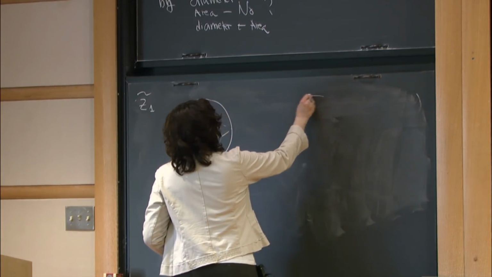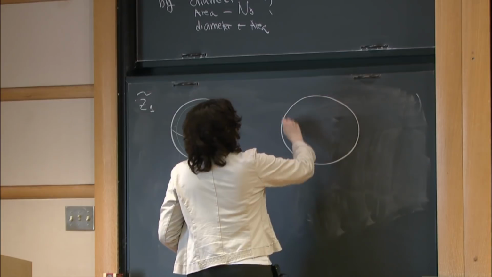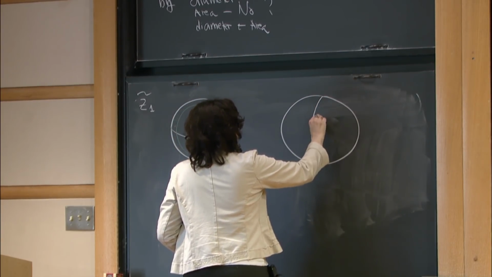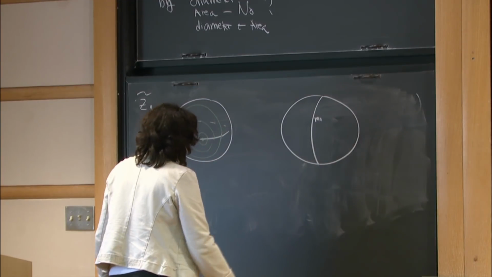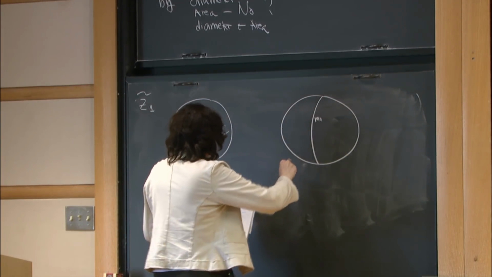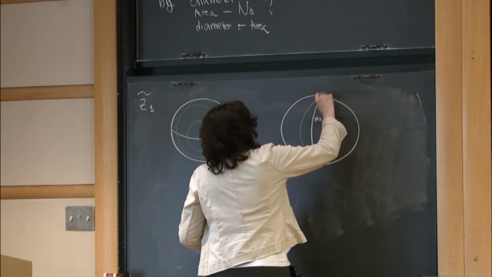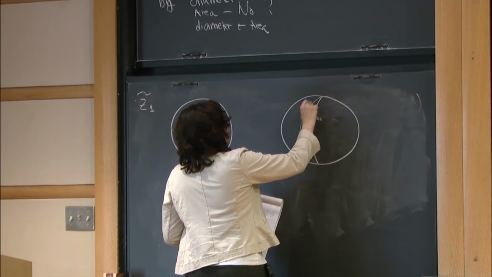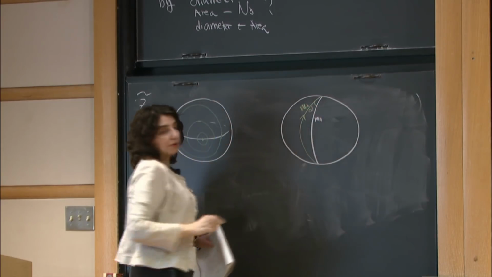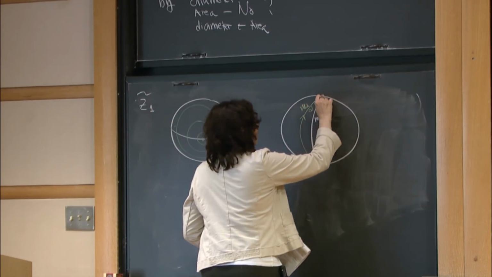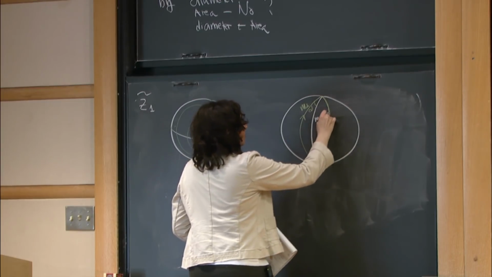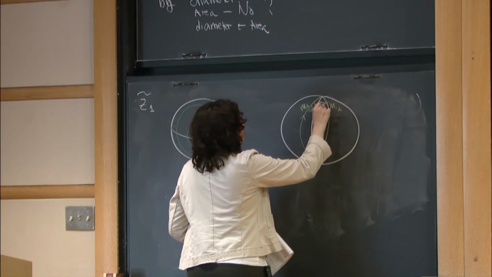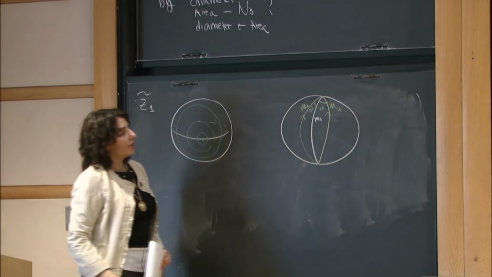Okay, let me look at the round sphere. Let me fix a meridian that I'm going to call M0. Typically, my curves near the meridian are going to look like this. This is going to be a meridian M alpha. It makes an angle alpha. And this is going to be a meridian M minus alpha, still angle alpha, but on the other side.